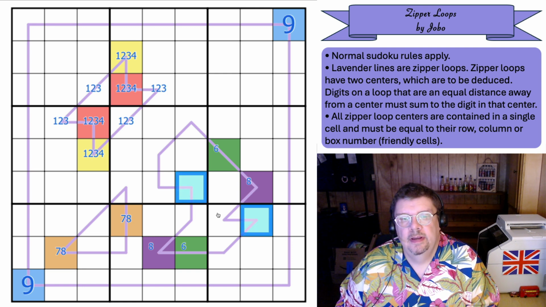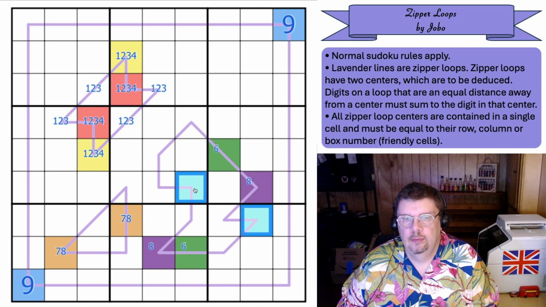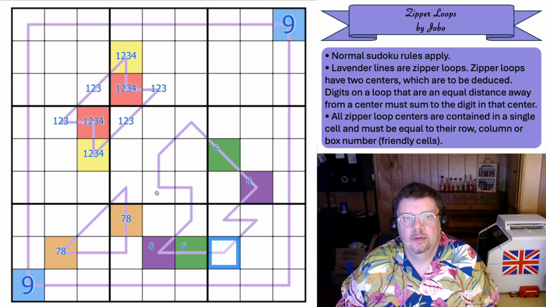These two. This would be 6, 6, or 5. This would be 7, 8, or 9. So no digits in common. Wait. I got this right. 1, 2, 3, 4, 5, 6.